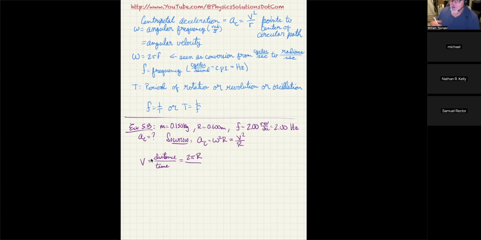The time required to complete one revolution is called the period, T. So the velocity is 2 pi R over T. Now, f is equal to 1 over T, so we can make this 2 pi times R times f, and that will be the actual velocity. Putting all this in, I get 2 times pi times 0.600 meters times 2.00 hertz.